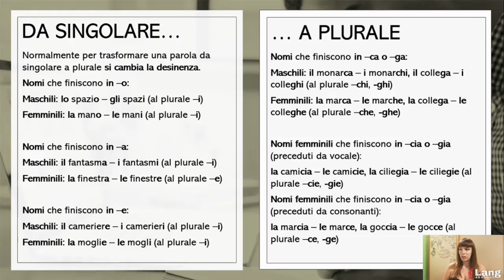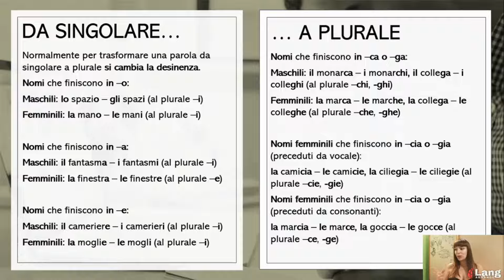What about feminine words? When the feminine word ends with O, it will change into I, la mano, le mani. When the feminine words end with A, it will change into E, la finestra, le finestre.